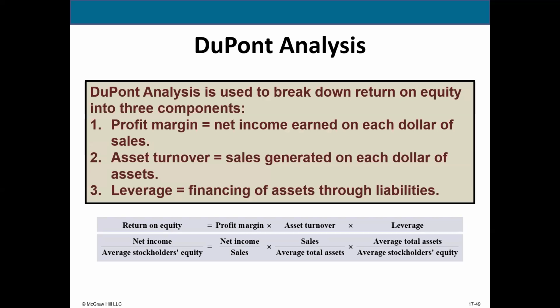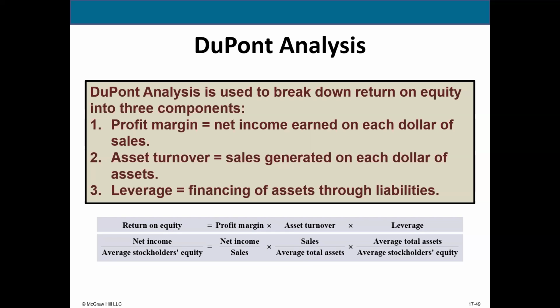So the DuPont formula is broken out into these three areas: profit margin, which is net income earned on each sales dollar; asset turnover, which is sales generated on each dollar of assets; and the leverage, which is financing of assets through liabilities. Really, what the DuPont formula does is take into effect the three areas of those ratios that we talked about and combine them into one.